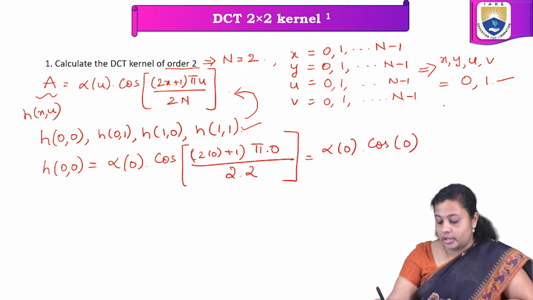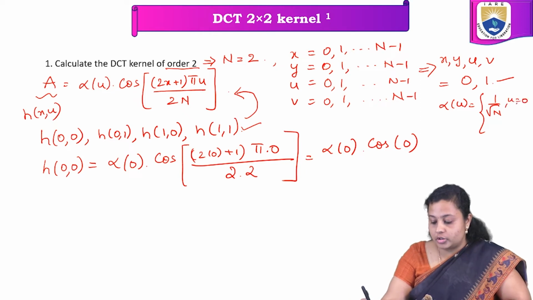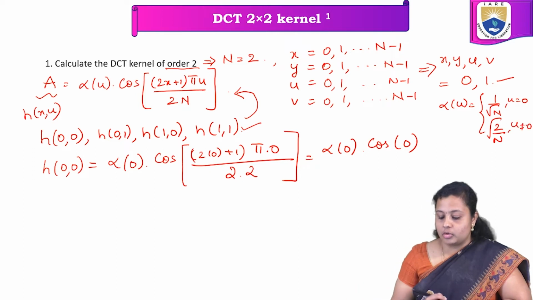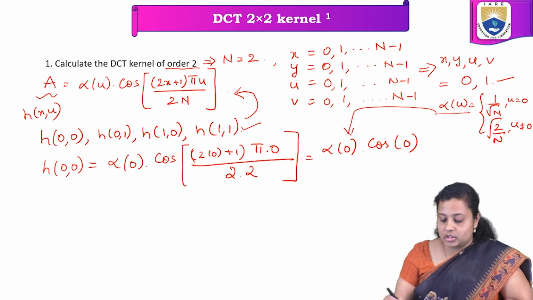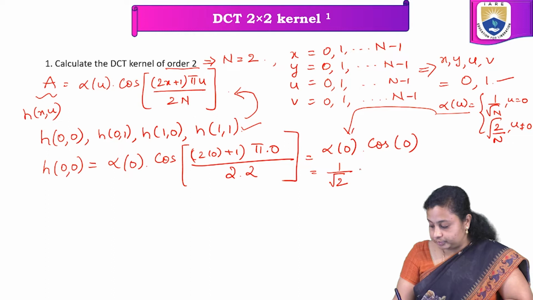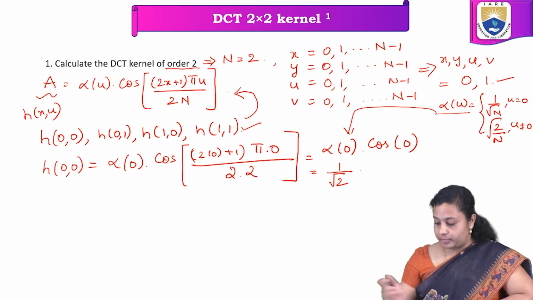We all know that alpha of u is equal to 1 by square root of n when u is equal to 0 and square root of 2 by n for u not equal to 0. So we will substitute the value of alpha of u in this equation. So we get the value as 1 by square root of 2.